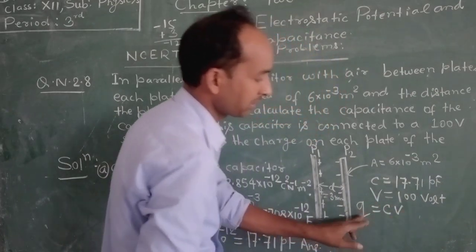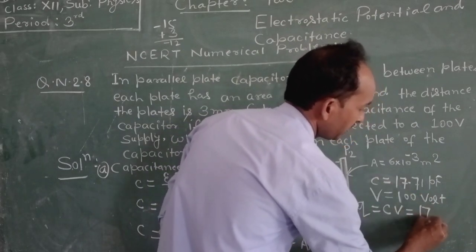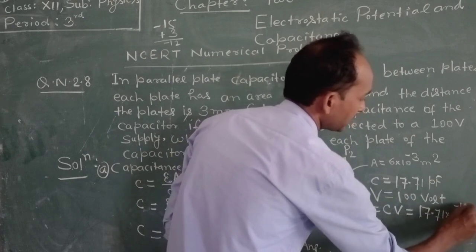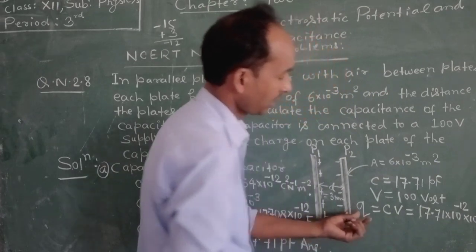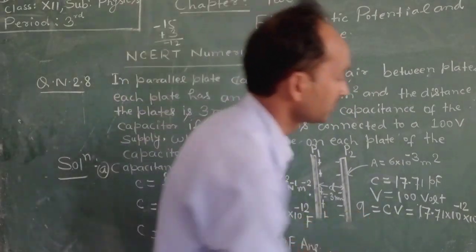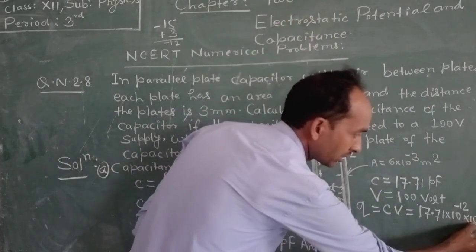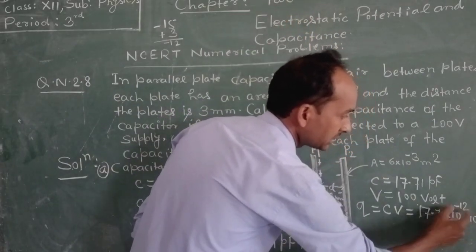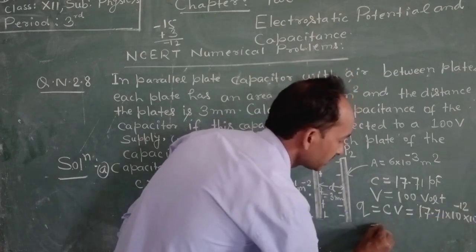Using this formula, we put the value of C, 17.71 into 10 to the power minus 12, and this is 100. The unit of charge is coulomb, written as C. 100 is written as 10 to the power 2, and this is 10 to the power minus 12.